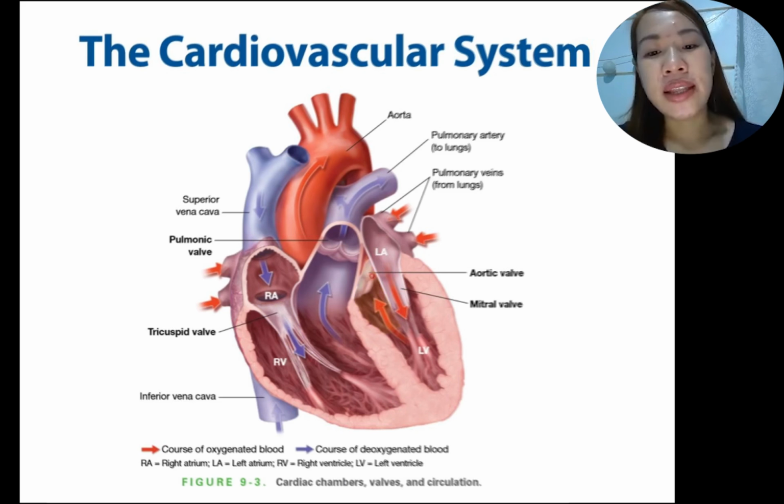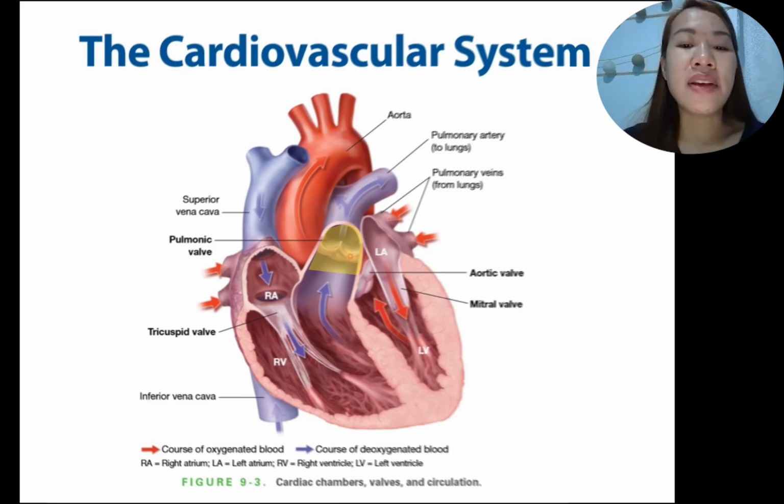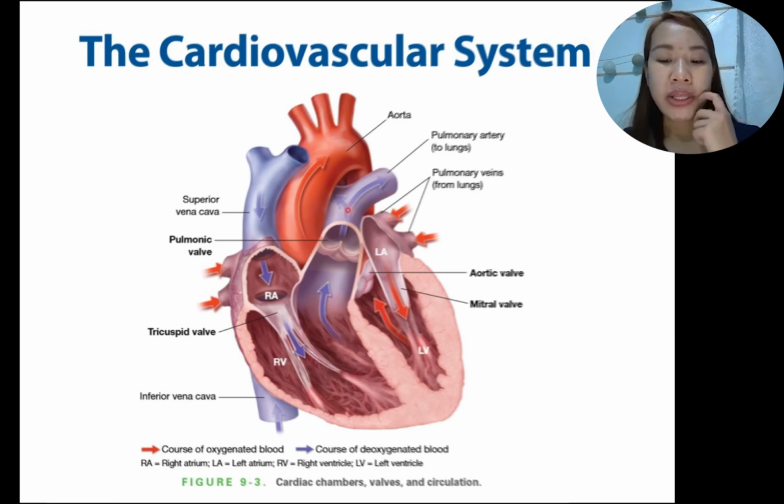We see here the portion going out of the left ventricle. This is the aortic valve exiting, where the blood exits to the aorta. And we have here the pulmonic valve, which is the exit point of the right ventricle going to the pulmonary artery.